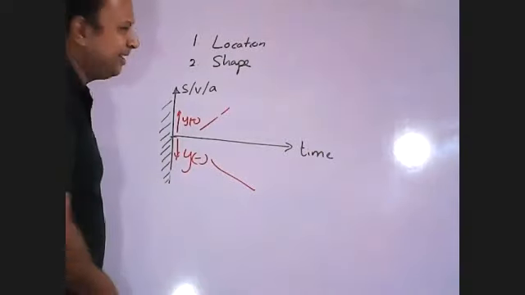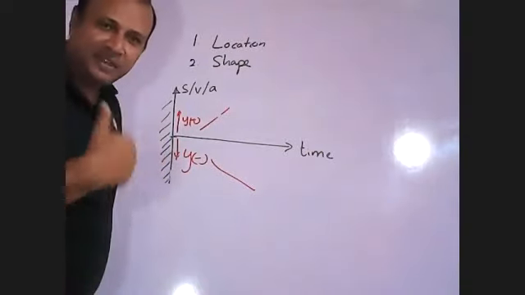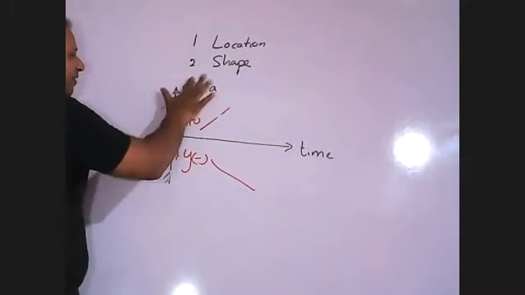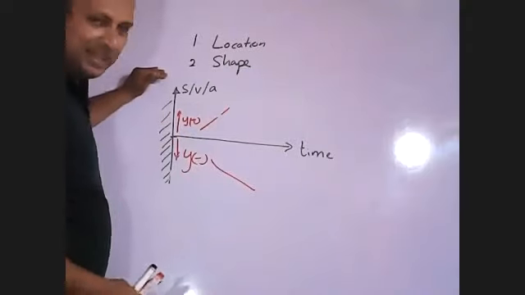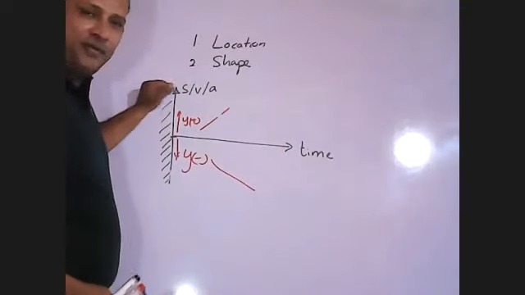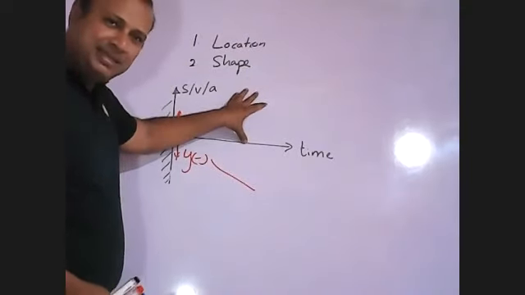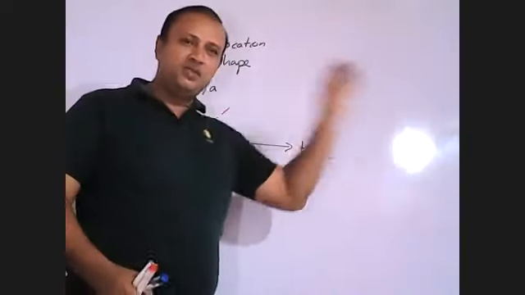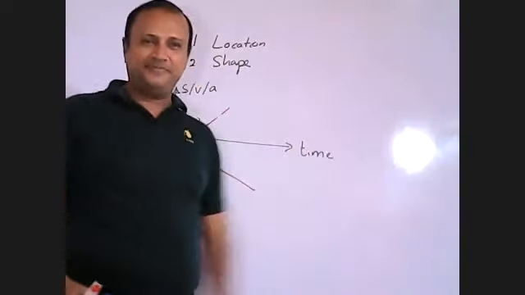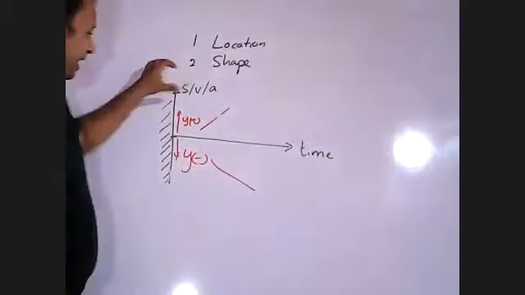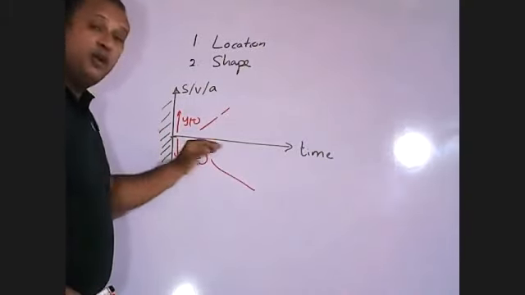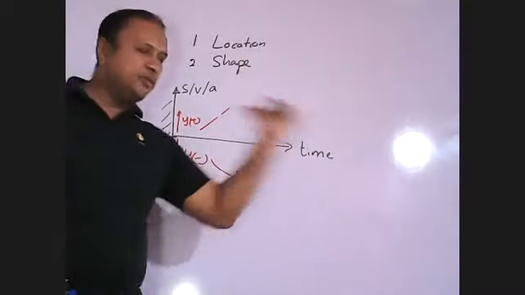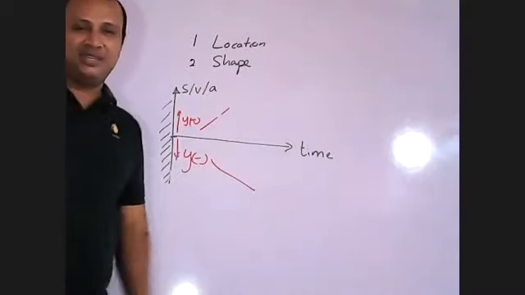Look at this one. In a velocity time graph, the y-axis is velocity. So if velocity is positive, that means the object is moving in the positive direction. If y values are negative, that means velocity is negative, and the object is moving in the negative direction.